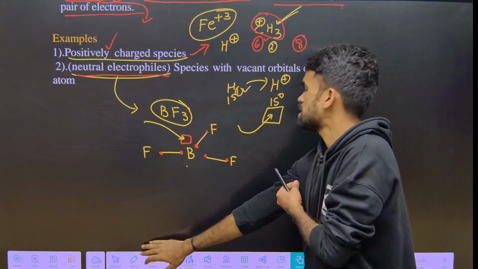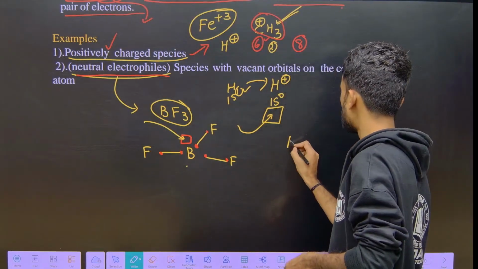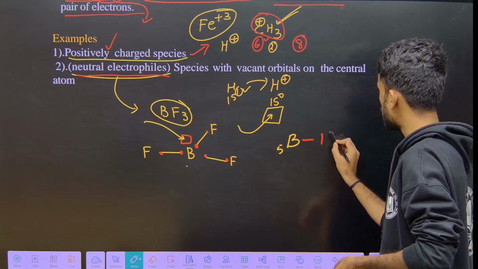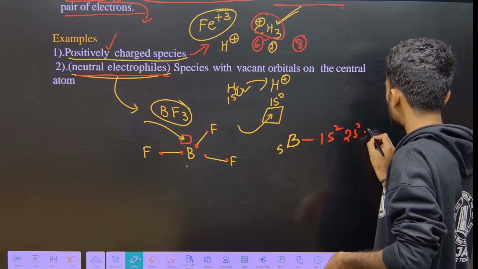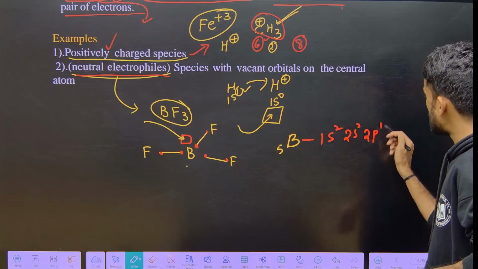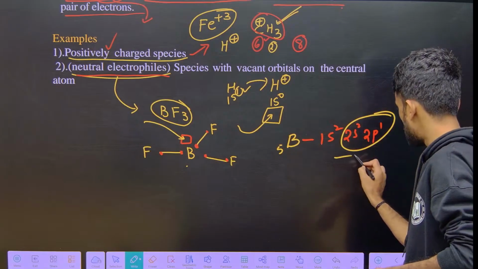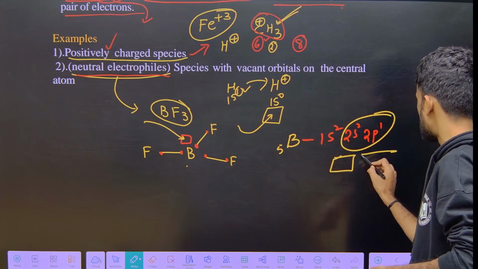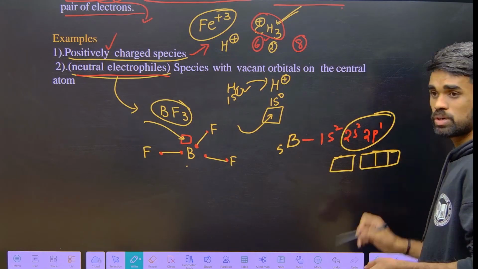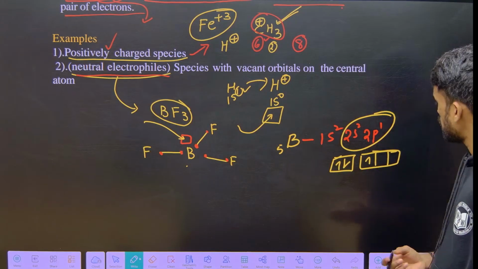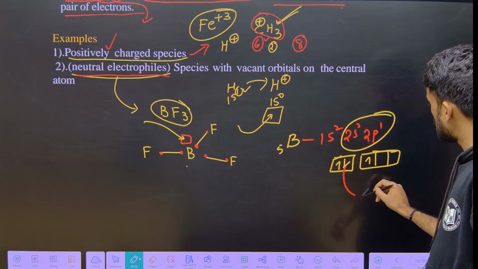First tell me, what is the boron atomic number? 5. So write its electronic configuration: 1s2, 2s2, 2p1. These are the valency electrons which participate in the chemical reaction, so I am indicating them with orbitals like this. How many valency electrons? Here 2, here 1. So one of the electrons from here will excite to here.